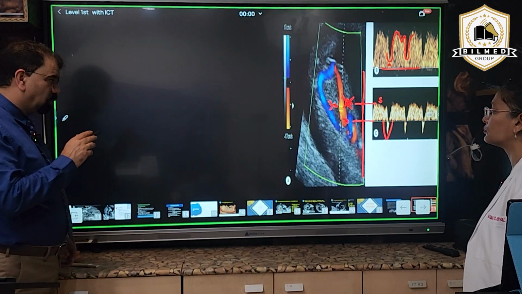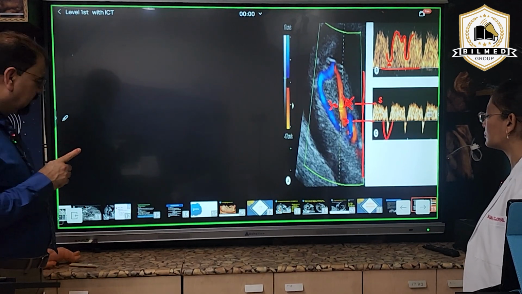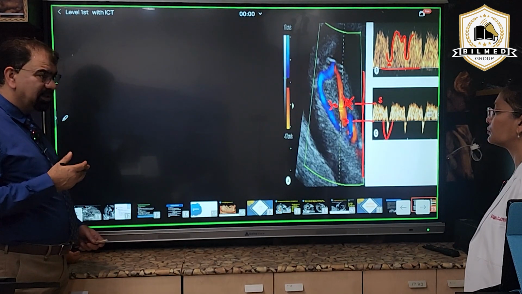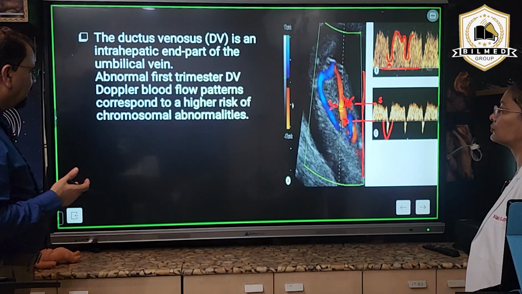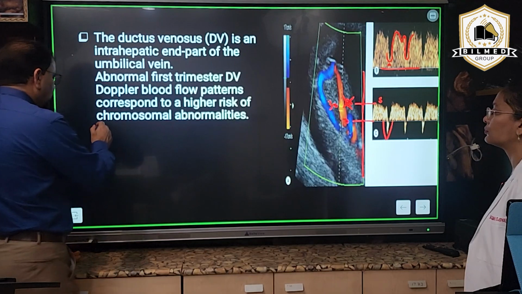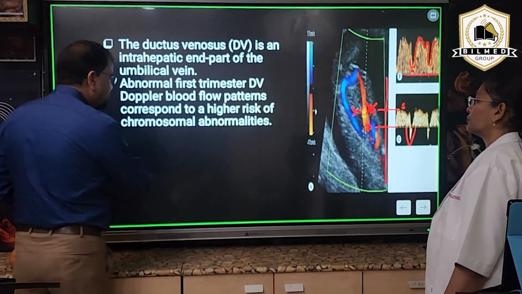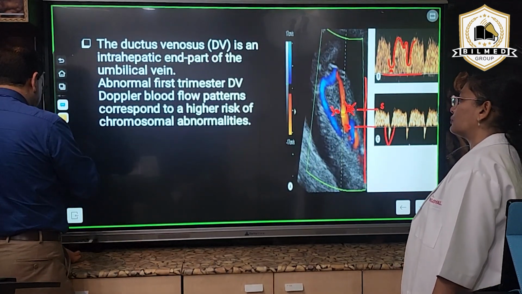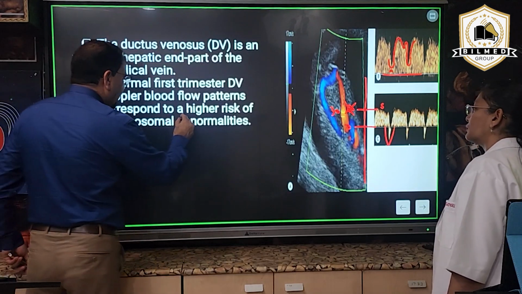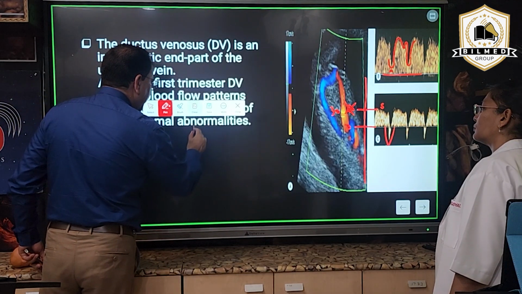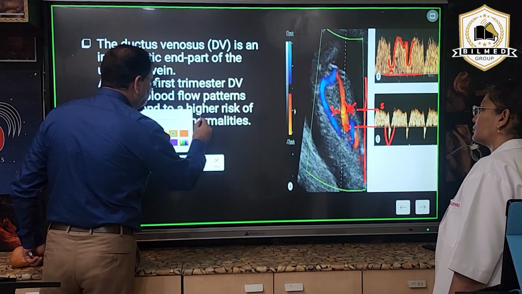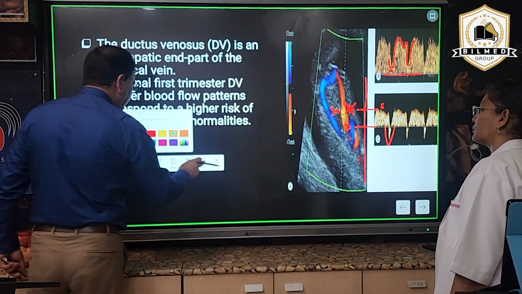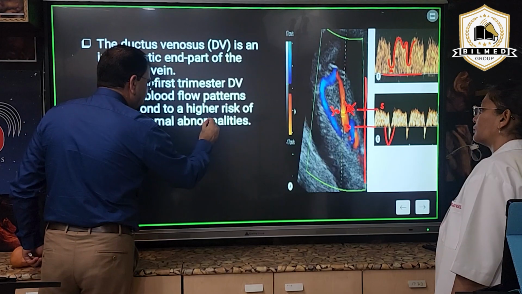This DV over here, don't get confused. We are not taking this DV for fetal acidosis, but we are taking this for chromosomal abnormalities, because there is a risk. There is a risk of chromosomal abnormalities if I am having an abnormal DV. So higher is the risk with this abnormal DV.